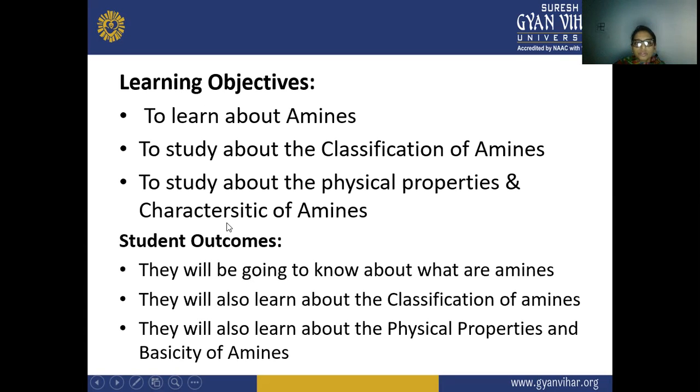Here we are going to discuss what amines are and what aliphatic amines are, and also the classification of amines and how many types of amines there are. We will also study the physical properties and characteristics of amines, and the nomenclature, that is, how we can name aliphatic amines.